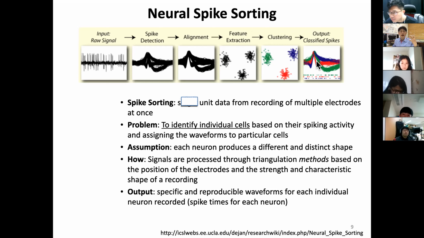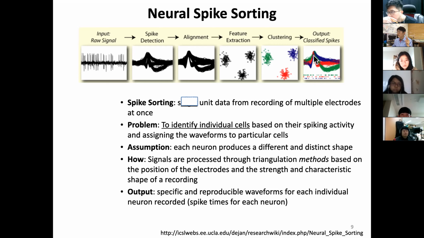And what's the output of neural spike sorting? This is the input, and the output is in fact this bottom one. Once you can distinguish which shape is the blue one, then you can find out the blue action potential at this time point.